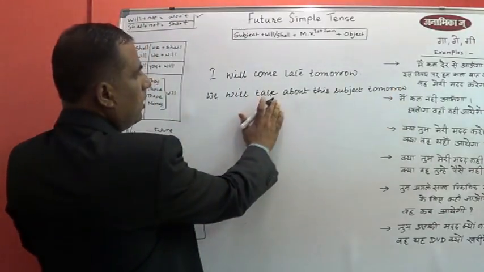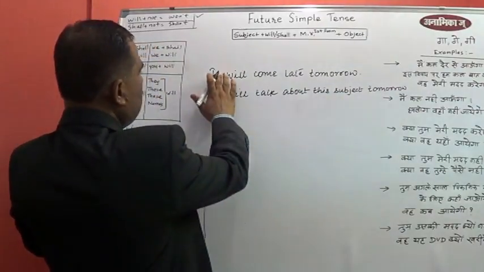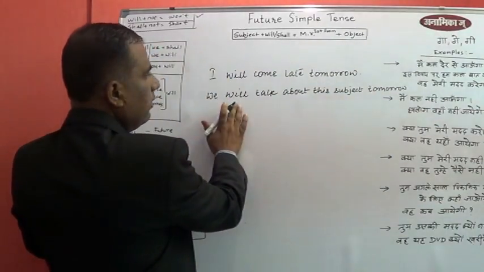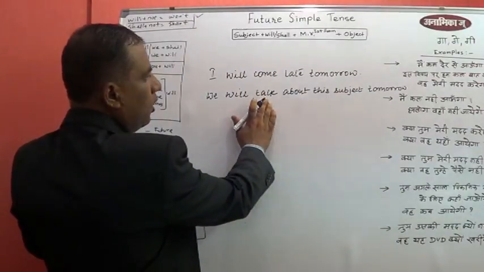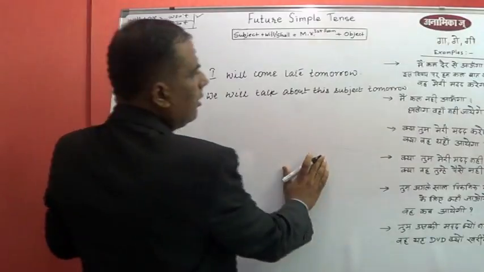We will talk about this subject tomorrow. So here instead of I we have we, will remains the same, and talk is in the first form, and finally we have the object.